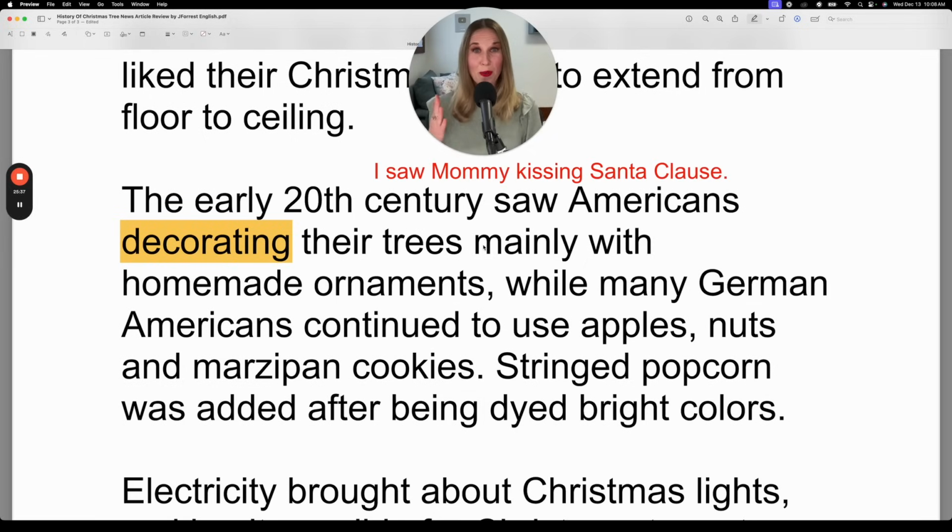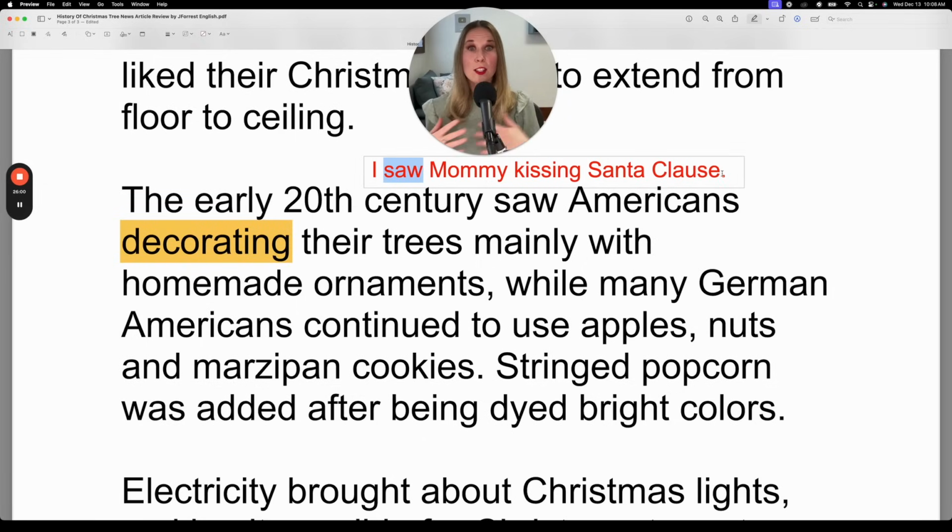Actually, that reminded me of this very popular Christmas song, which I don't know the name of. It might just be I Saw Mommy Kissing Santa Claus. And notice we have I saw mommy. This is obviously a little kid singing this song, kissing Santa Claus, and it's cute because it suggests that this kid's father dressed up like Santa to deliver the presents for this little boy or little girl.